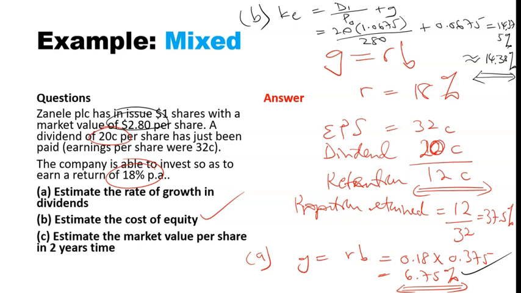Now, in 2 years' time, we know that the current market value is $2.80. So in 2 years, this is an issue of simple compounding. In 2 years' time, this is equal to 280 multiplied by 1 plus g.